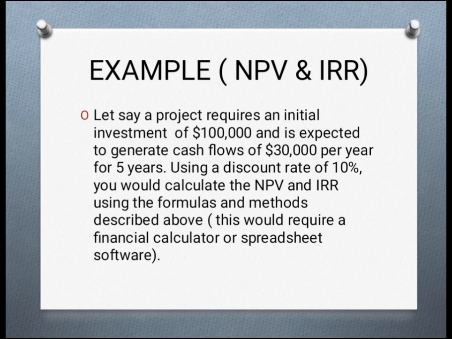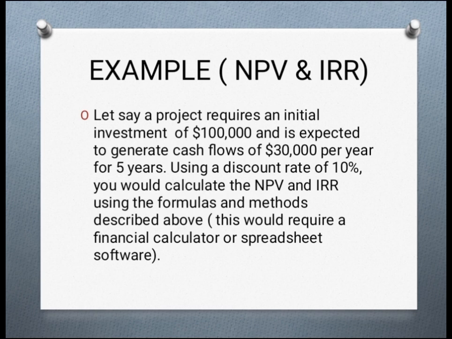Example of NPV and IRR. Let's say a project requires an initial investment of 100,000 US dollars and is expected to generate cash flows of 30,000 US dollars per year for 5 years. Using a discount rate of 10%, you would calculate the NPV and IRR using the formulas and methods described above.